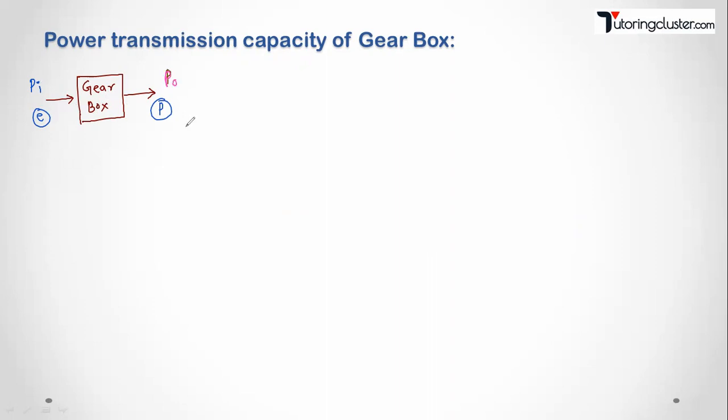Then second, T is for torque. It is the input torque to the gearbox, Ti, and the output torque from the gearbox, let's say TO, and let's say the efficiency of the gearbox is n.